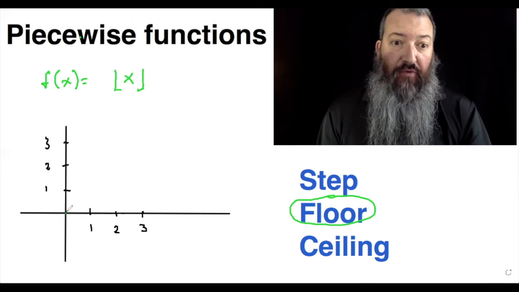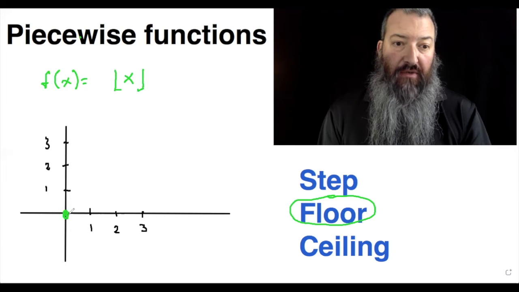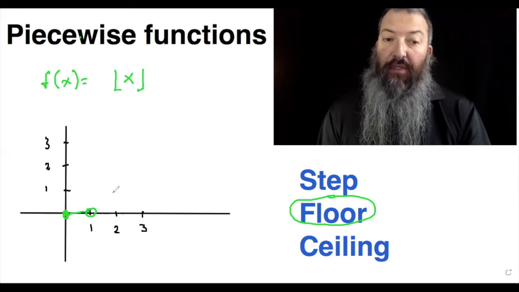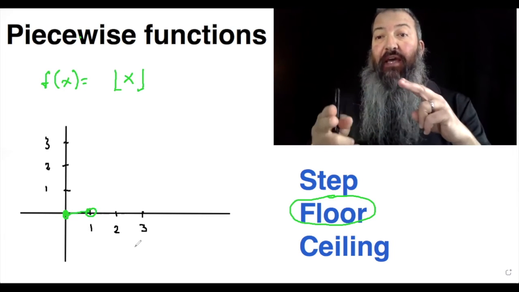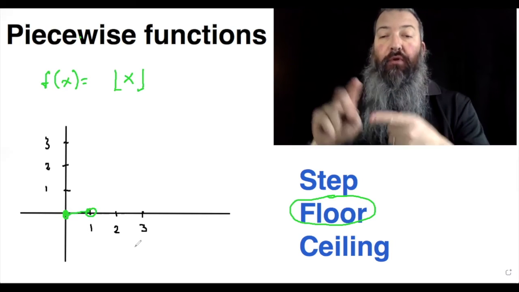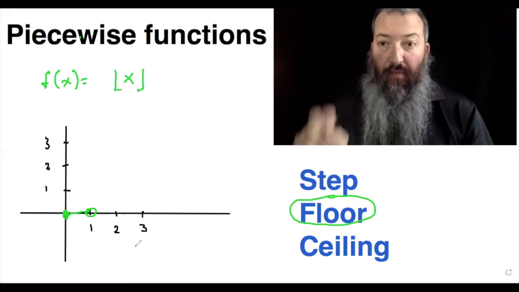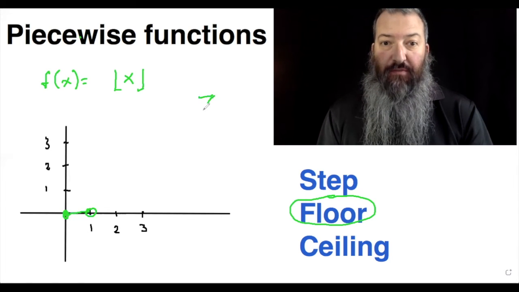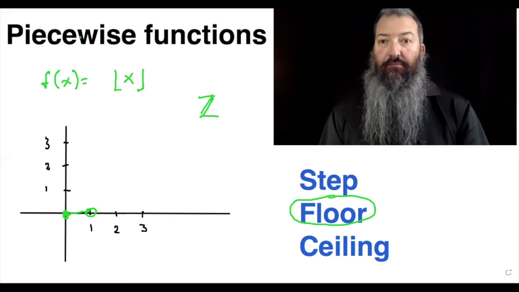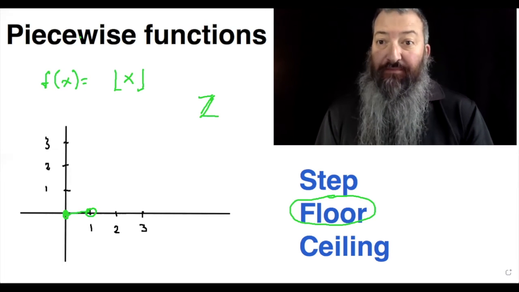Now, if the input is anything between 0 and 1, but not including 1, it equals 0. Again, we're rounding down to the next integer. Integers, remember, it's this symbol, that double Z kind of looking thing.